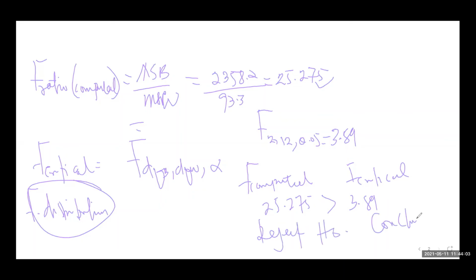Once we've rejected the null hypothesis, our conclusion is that there is a significant difference in the mean distance for the 3 golf clubs.